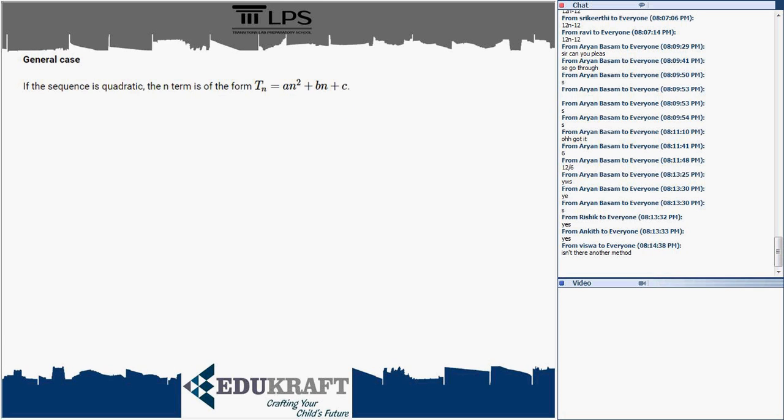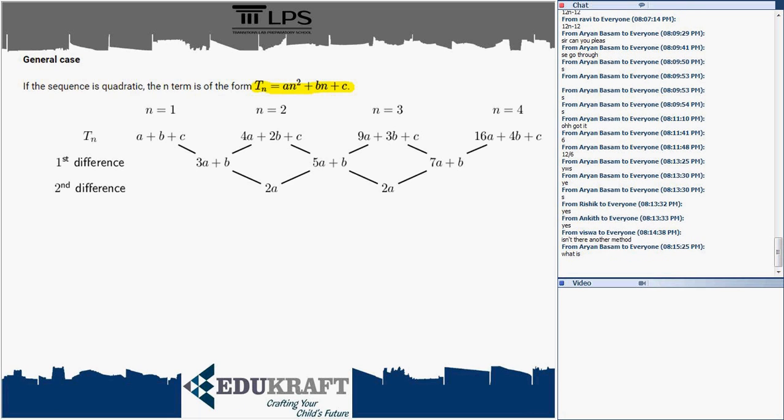This is the general expression for a quadratic sequence. Remember, here I'm finding out the general expressions for the first difference and the second difference.